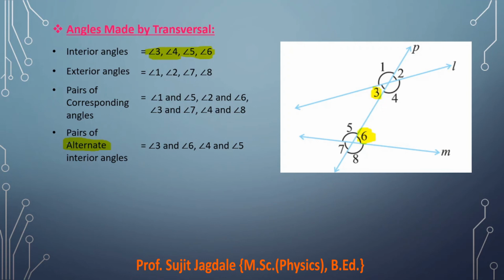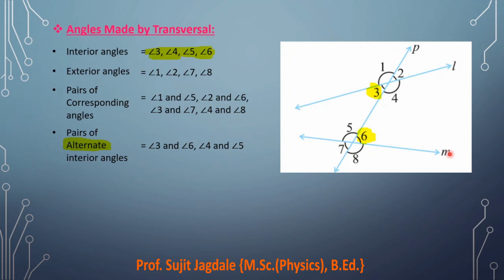Position should be alternate: angle 3 is on the left side and angle 6 is on the right side, so left, right, the position is altered. Then below, above, again altered. Therefore it is referred to as a pair of alternate interior angles.